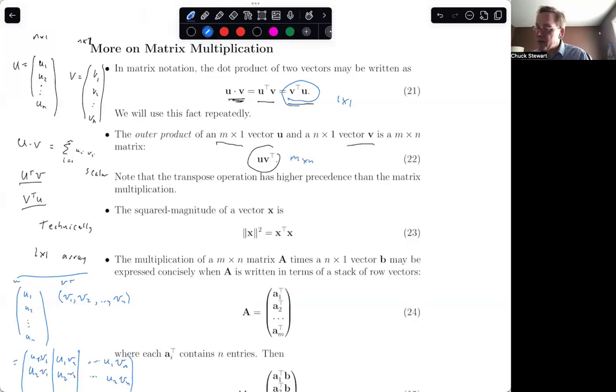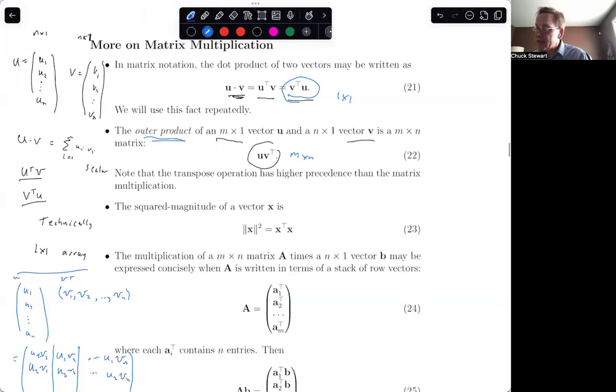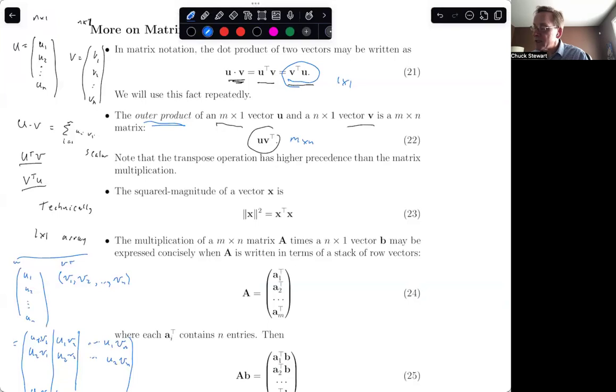So this is called the outer product. And it's important to note that the transpose has the higher precedence here. If you wanted to have transpose applied after multiplication, you would put parentheses around the U and the V, but then of course the dimensions wouldn't match up.